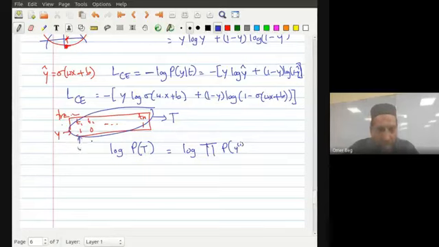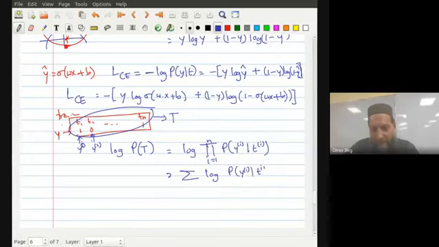So in this case this would be y of 1, and this would be y of 2, and so forth, given the text document i, going from i equals 1 to n. When we move the log inside the product, that becomes a summation of the log of the same probability, y of i given t of i. So this is for the entire training set.